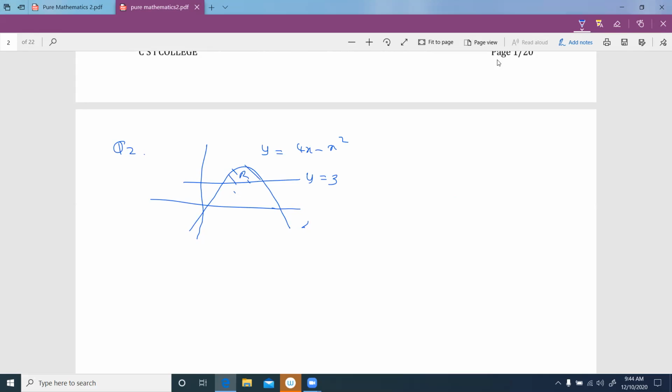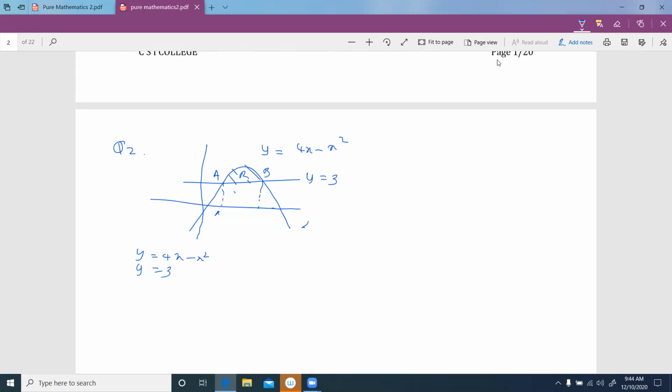Initially, to find the region R, we have to identify the coordinates of A and B. The x coordinate is the required one. How do you find the coordinates of A and B? You can simplify these two equations as simultaneous equations.